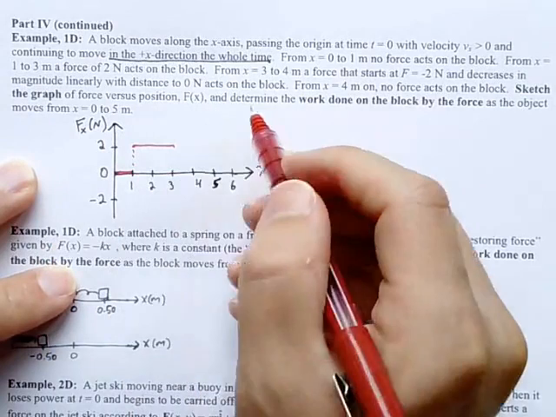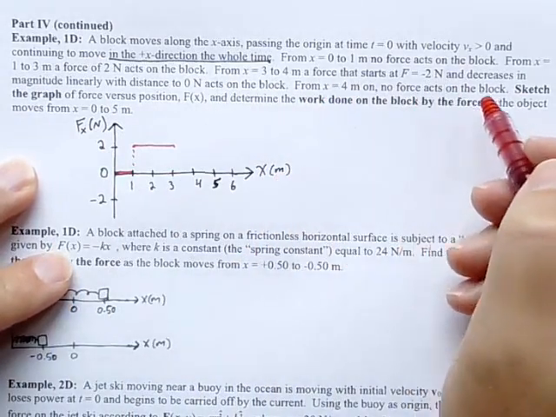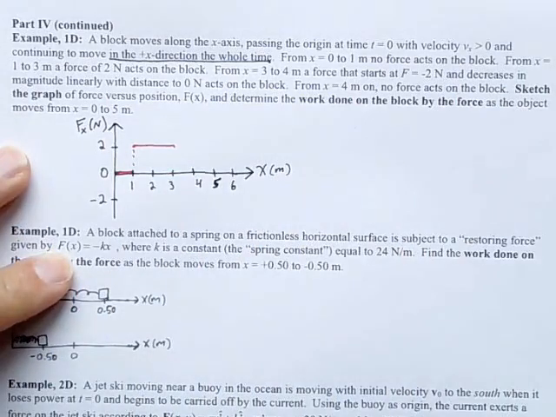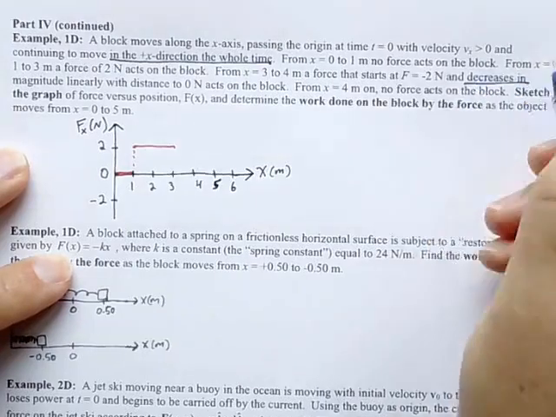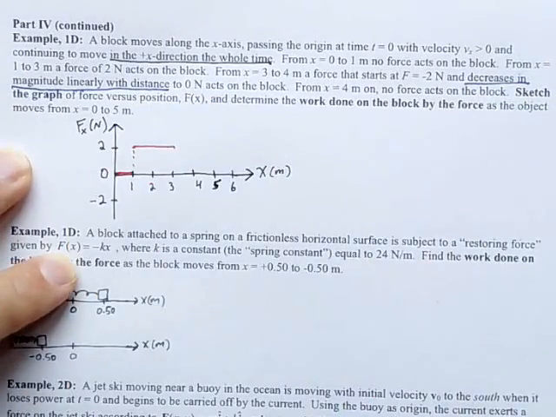meters. Then from 3 to 4 meters, a force that starts at negative 2 newtons and decreases in magnitude linearly with distance to 0 newtons.